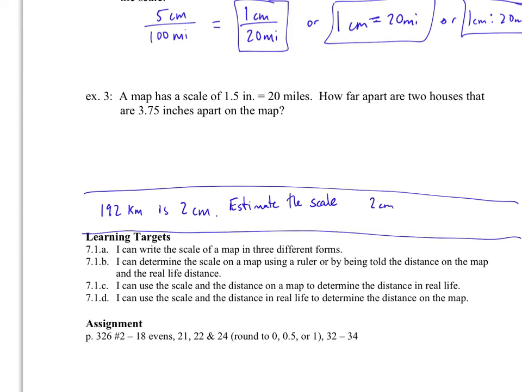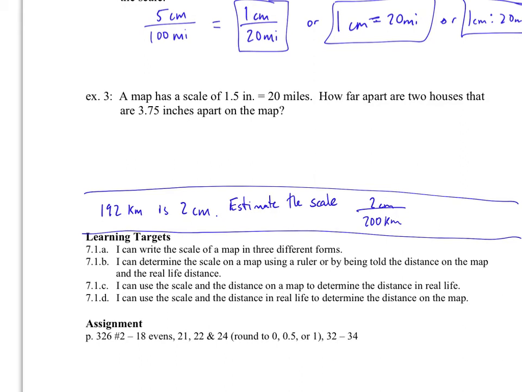That's pretty simple. But instead of 192, what could you make that? 190. You could do 190. I'd probably go to 200 though, because I'm estimating, right? It's a little bit off. 190 would be okay as well.